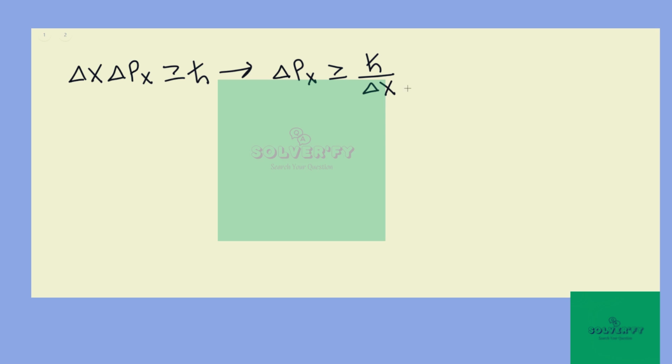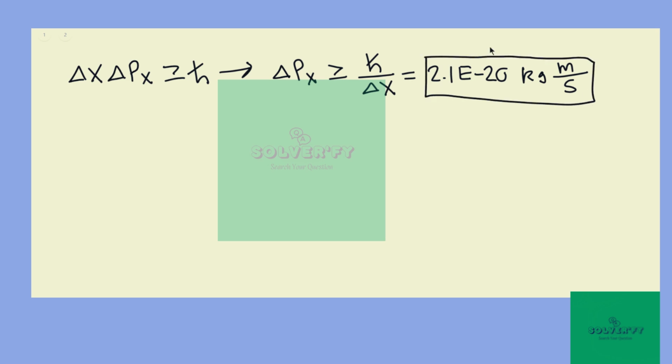Plugging in h bar and our delta x of 5 times 10 to the negative 15 meters, we end up with a momentum fluctuation of 2.1 times 10 to the negative 20 kilograms meters per second. So this doesn't seem like much, but for a subatomic particle, something so small, to have this momentum, it's significant.